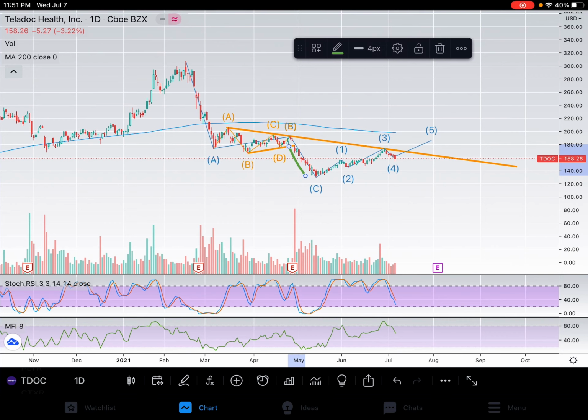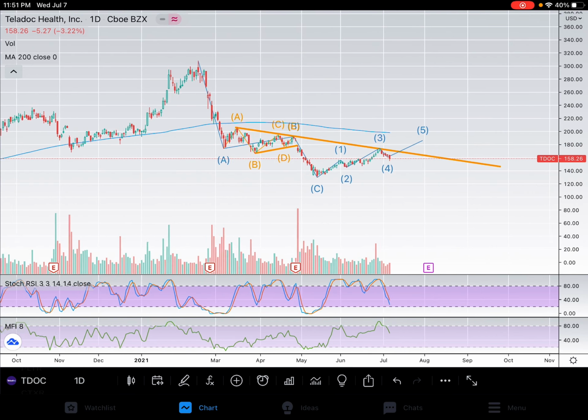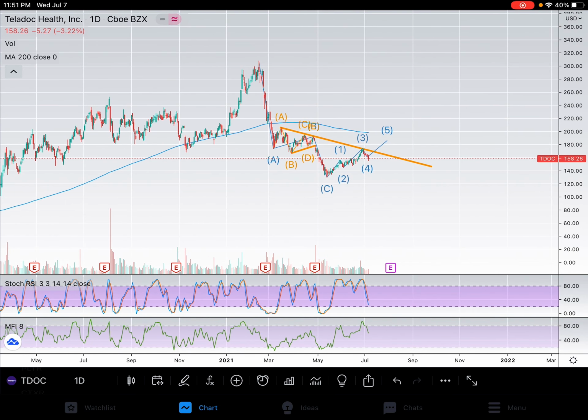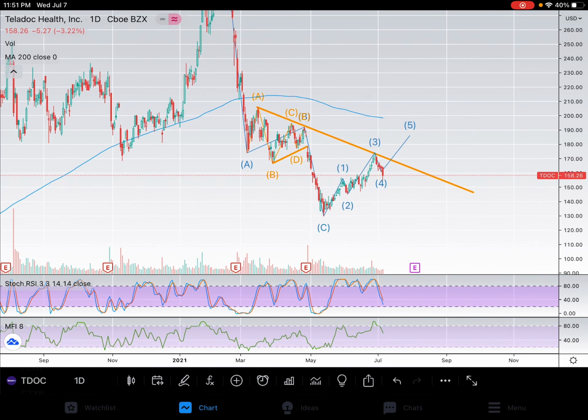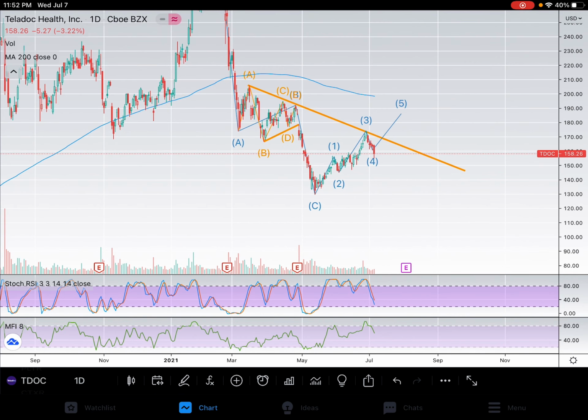So it's been digesting the price, still below the 200-day. It's kind of hard to be a buyer if it's below the 200-day, but this is what I got right now. ABC correction. And now we're having our 1, 2, 3, 4, 5 structure like I was talking about in Pltr.